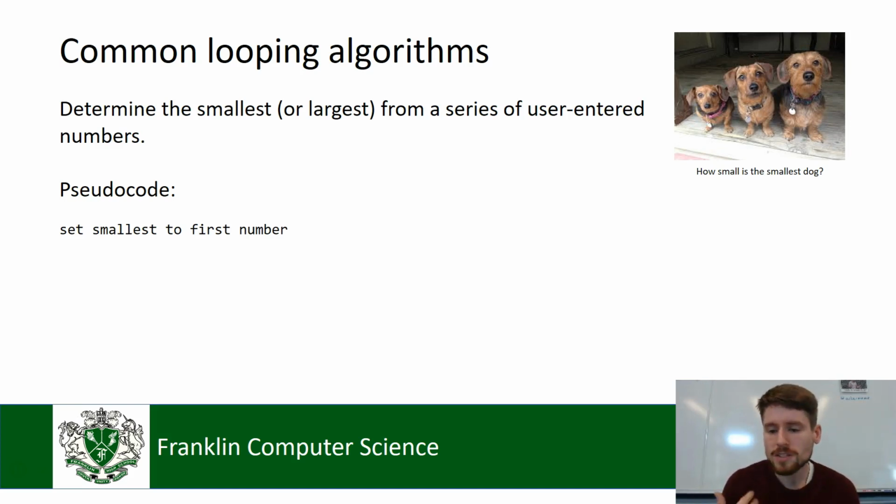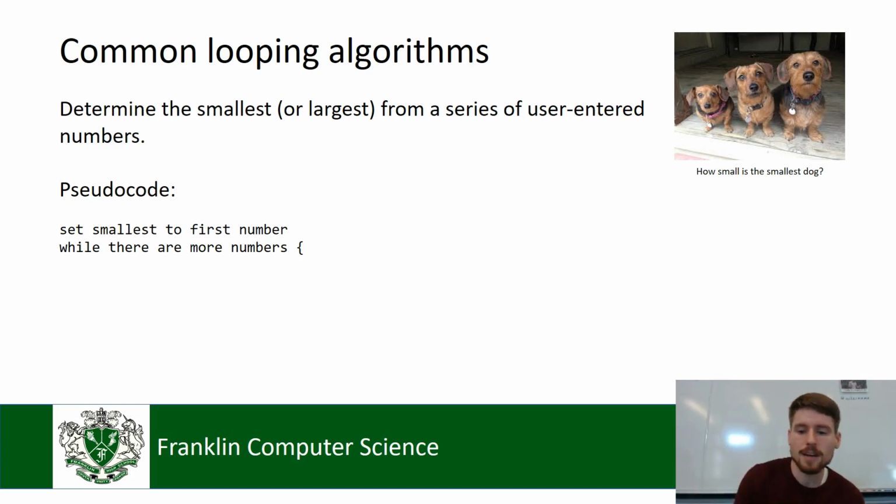And so you can just assume that the smallest is whatever their first number is. If they only type one number in, then you're done. It is the smallest. Because we need a benchmark. Everything else is going to get compared to what the smallest is, and the smallest for the first number will be the first number.